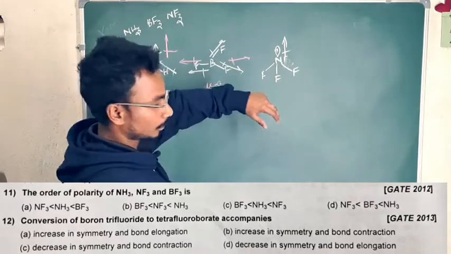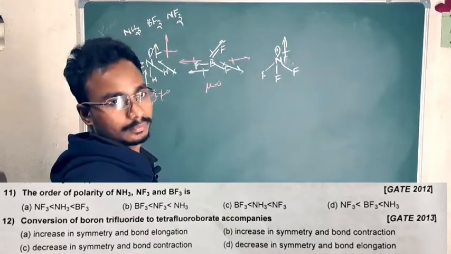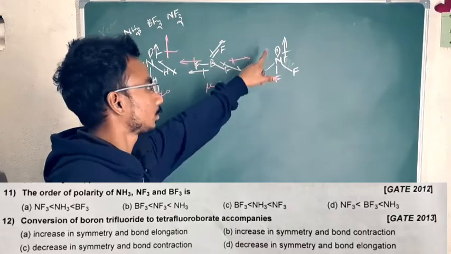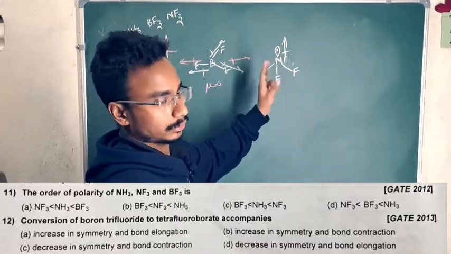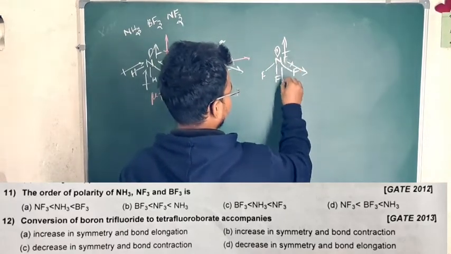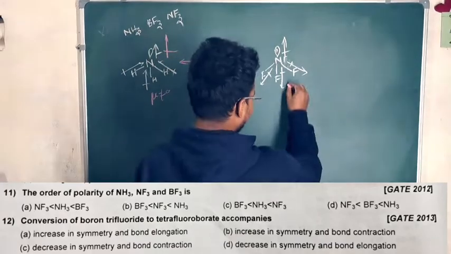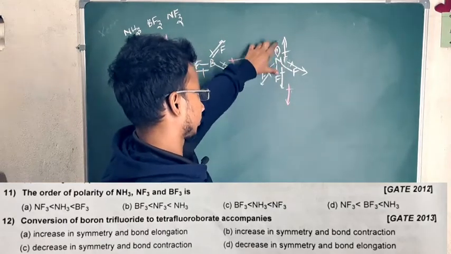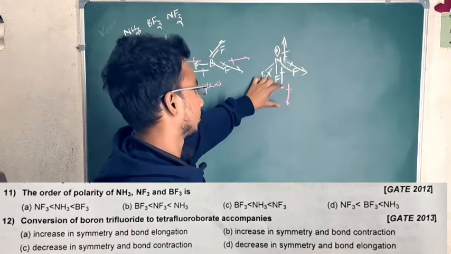the lone pair will show an upward dipole moment. If the lone pair is present here, it will show downward. The direction of the lone pair is considered the dipole moment direction, the same side. Fluorine is more electronegative, so its resultant vector will be like this, but it will be cancelled a little because the lone pair dipole moment is opposite to this resultant.